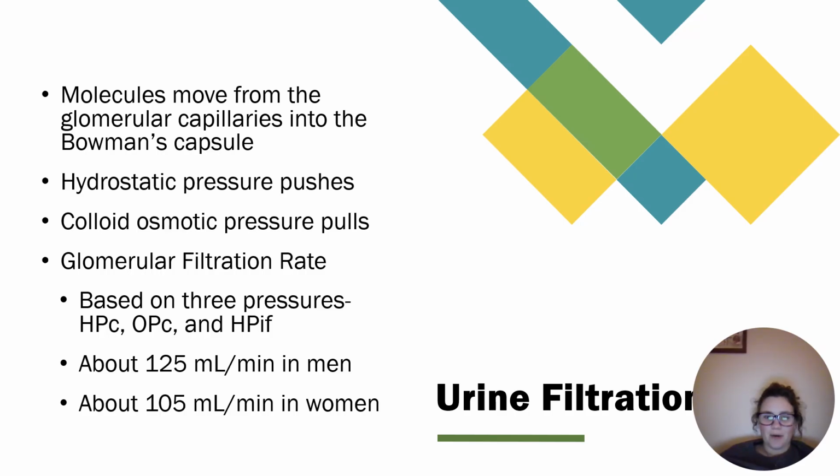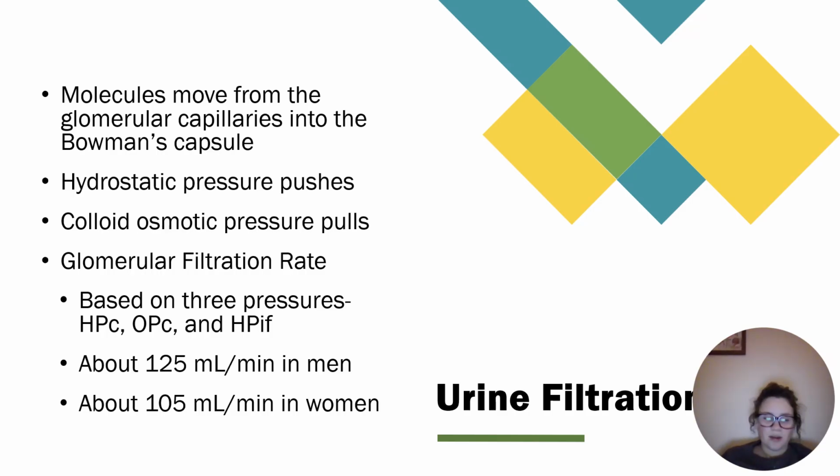And the importance of the glomerular filtration rate is that it's based on the three pressures: HPC, which is your hydrostatic pressure of the capillaries; OPC, which is your colloid osmotic pressure of the capillaries; and then HPIF, which is your hydrostatic pressure of the interstitial fluid in the Bowman's capsule.